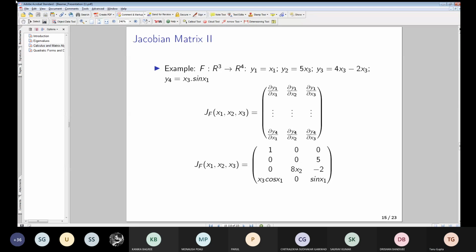Okay, ma'am, I'll correct this. So y3 is 4x2 square minus 2x3.